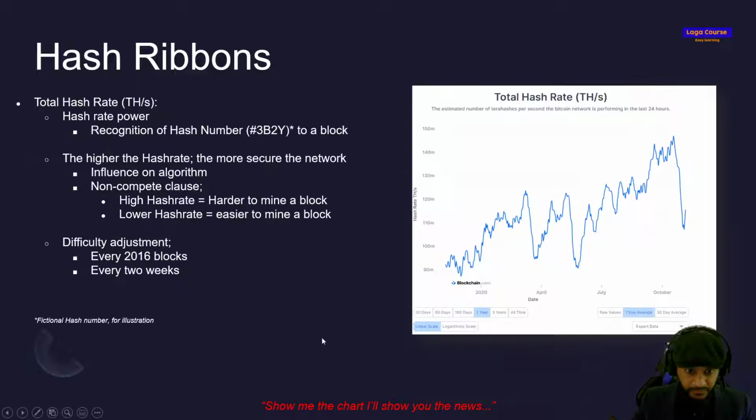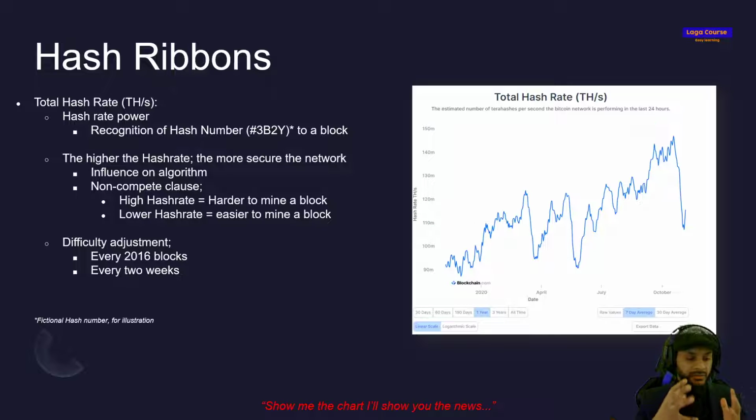Okay. The total hash rate is basically the power. The higher the hash rate, the more healthy the network is. If we have a lot of computers mining Bitcoin, it means that there's more control over the market.